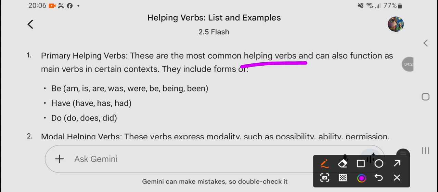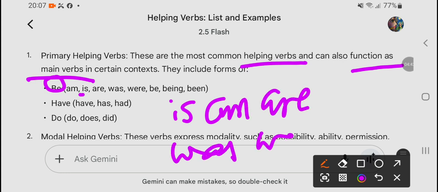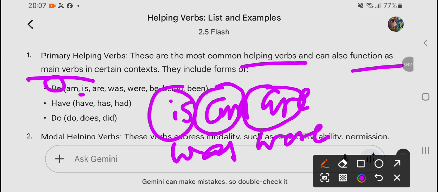These helping verbs can function as main verbs in certain contexts. So the be form is a helping verb. What is the be form? We had already discussed in the class: is, am, are, was and were, right? These are the helping verbs.